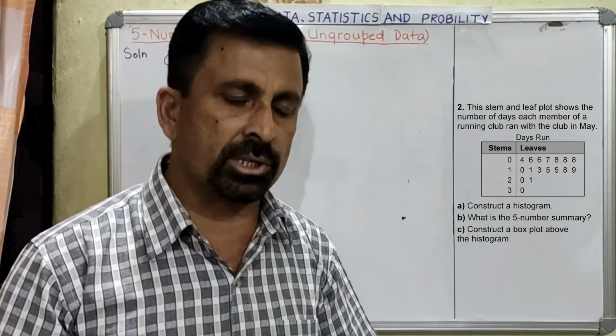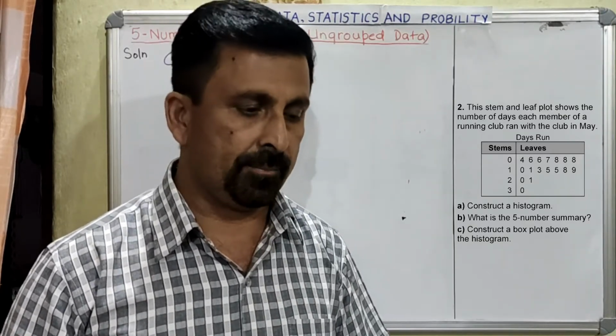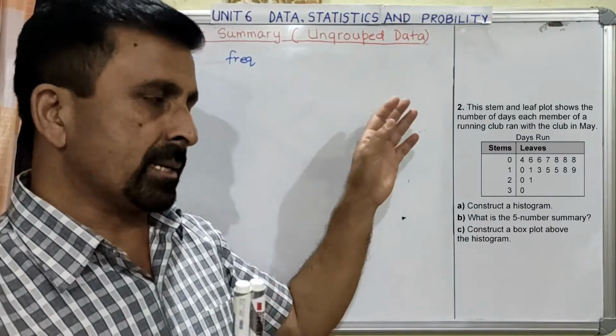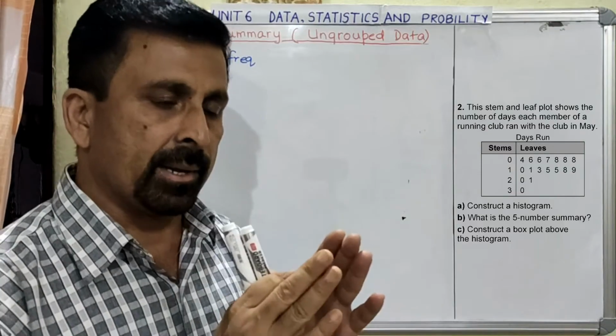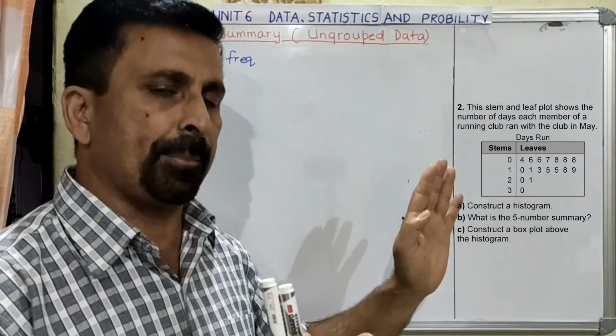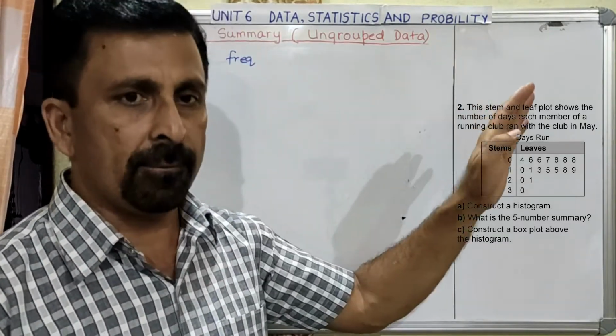It means in this question all the data are 2-digit numbers, so one digit has gone in the stem part, which is the tens part, and one digit has gone in the leaf.